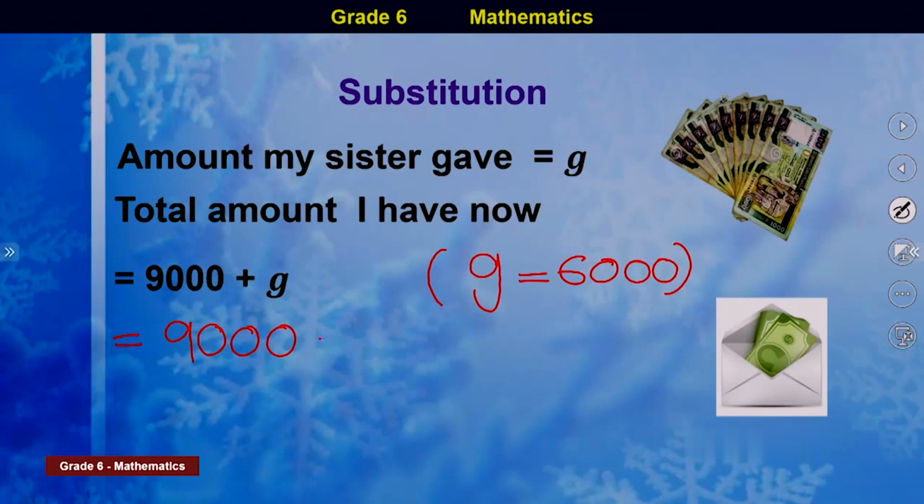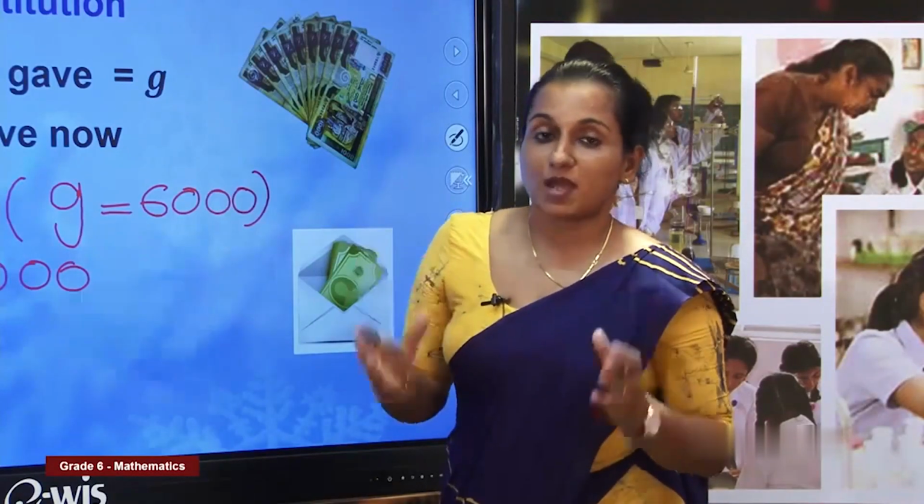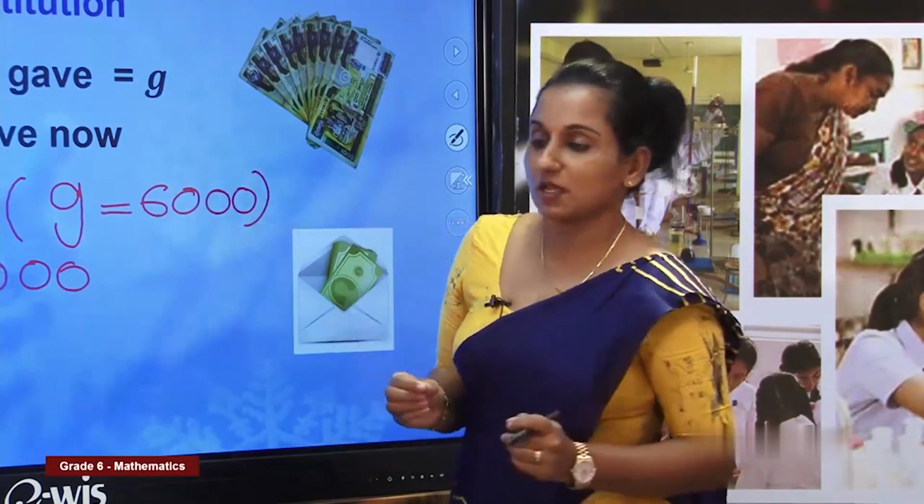Then I am going to write the mathematical operation plus. Instead of G, I can write 6,000. Here I got a numerical expression. Then what is my answer here? I can add 9,000 and 6,000. Then my answer is 15,000.